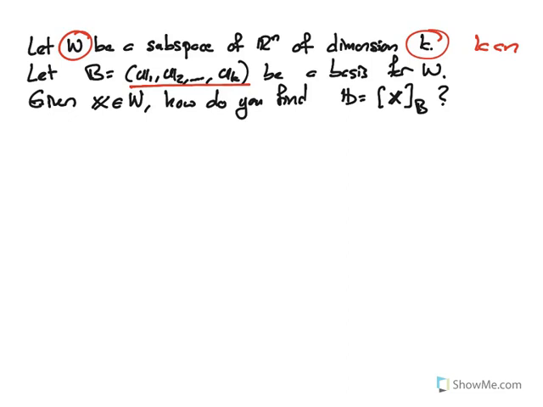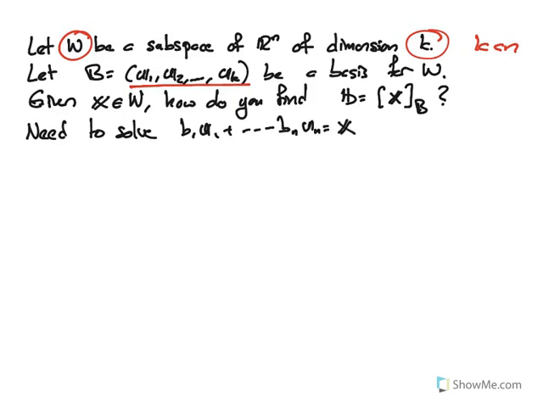Everything works almost exactly the same. It's just there's one slight twist here, which is that we need to solve b_1 u_1 plus ... plus b_k u_k is equal to x.